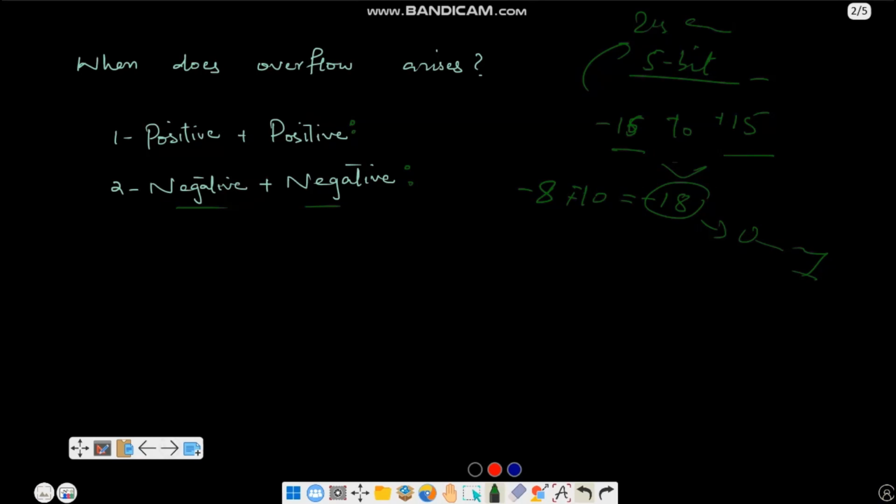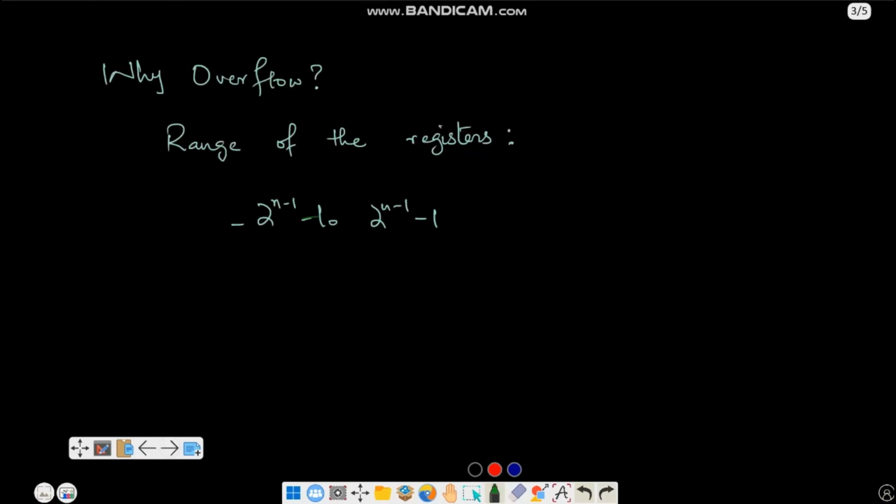Now let's come to binary. How do we do it in binary? But before that, let's see why overflow occurs. Overflow occurs because whenever a register is created, it's given a range, a size. Just like I gave a 5-bit register, I can create a range for my 5-bit register. This n can be replaced with 5.